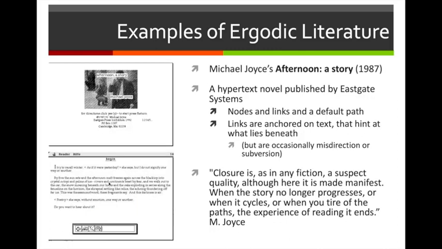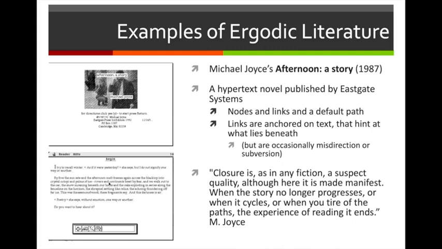And of course, there are some early examples of digital literature in the hypertext world. Michael Joyce's Afternoon, a Story is from 1987. It's a hypertext novel published by Eastgate Systems. It has a traditional node and link structure that you'd be familiar with from the web. Links are anchored on the text, and they hint at what lies beneath. But hypertext authors play with your expectations and change the way these systems behave.